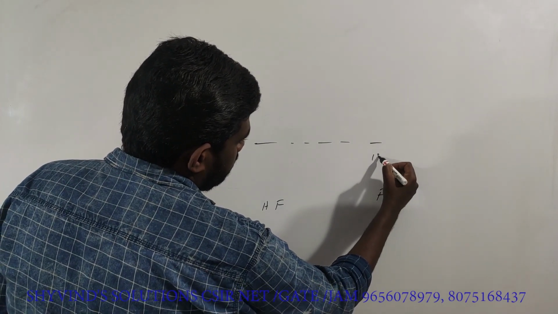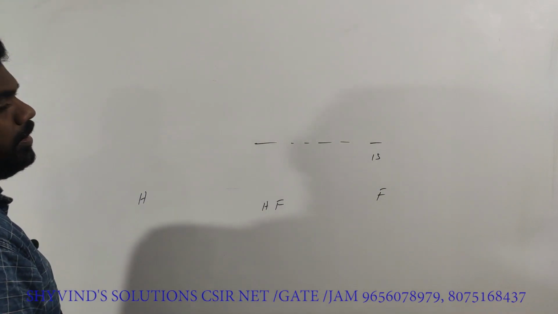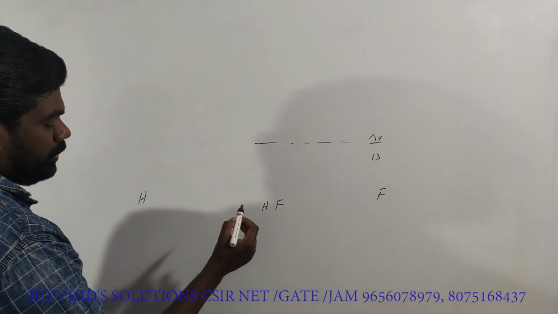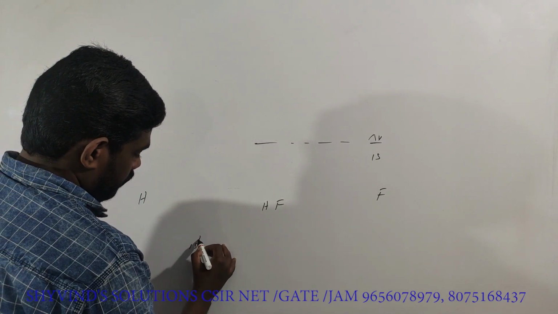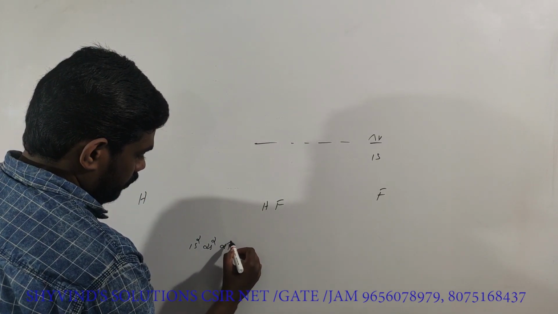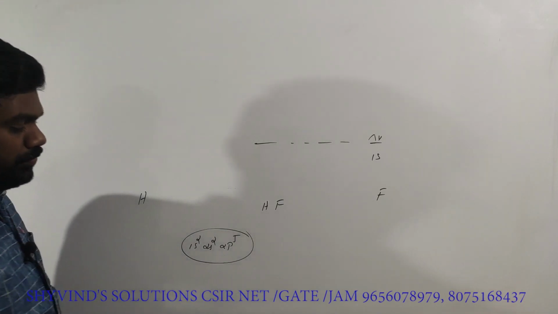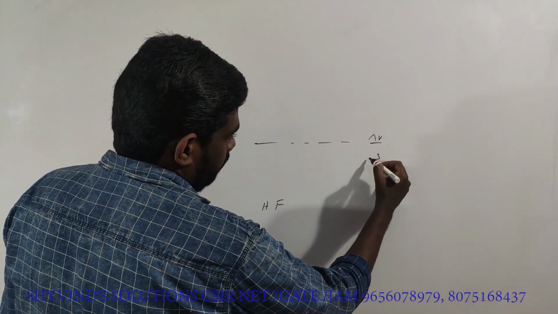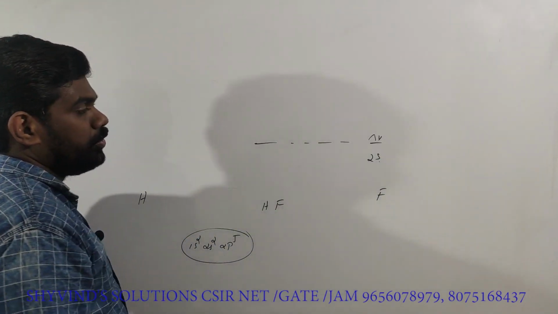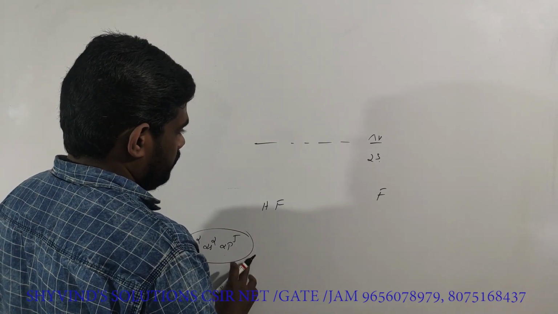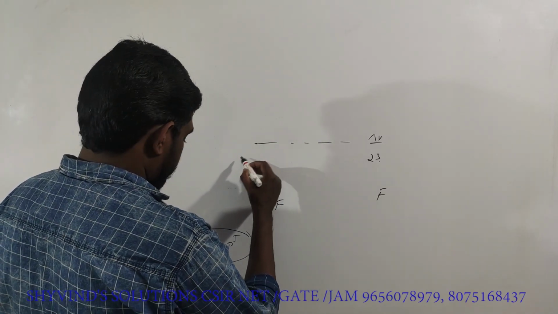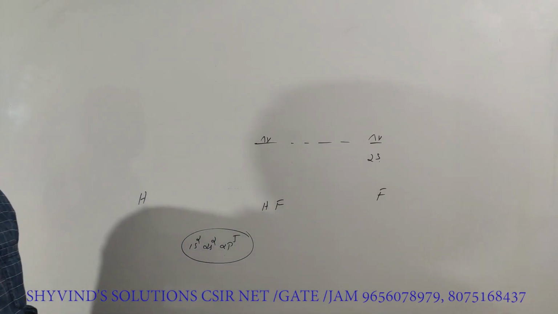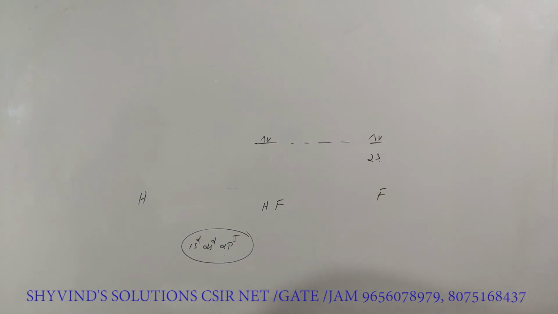This is 1s of fluorine. 1s of fluorine has 2 electrons. The electronic configuration of fluorine is 1s2, 2s2, 2p5. Actually this is 2s. I am not plotting the 1s orbital. 2s has 2 electrons, so it will be like this. Next we will plot the graph for 2p.